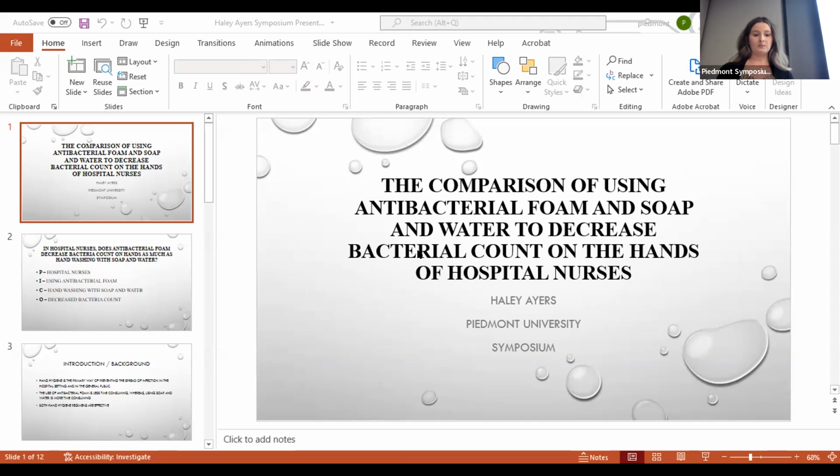My fourth article was the comparative efficacy of hand disinfection potential of hand sanitizer and liquid soap among dental students. So the purpose of this study was to compare the efficacy of using hand sanitizer and soap and water in the reduction of microbial colonies on hands. The sample size included 90 individuals that attended a dental college, with half using the hand sanitizer method and the other half using the soap and water method.